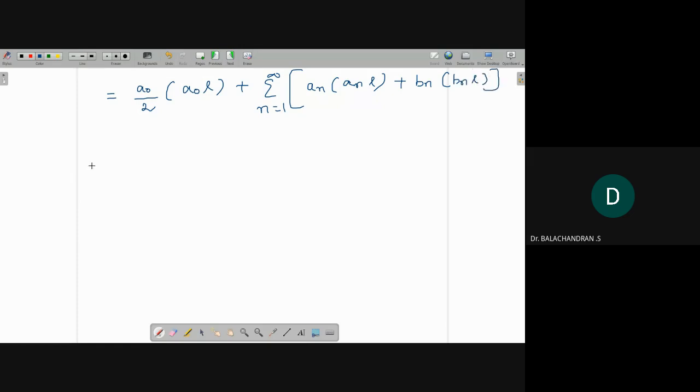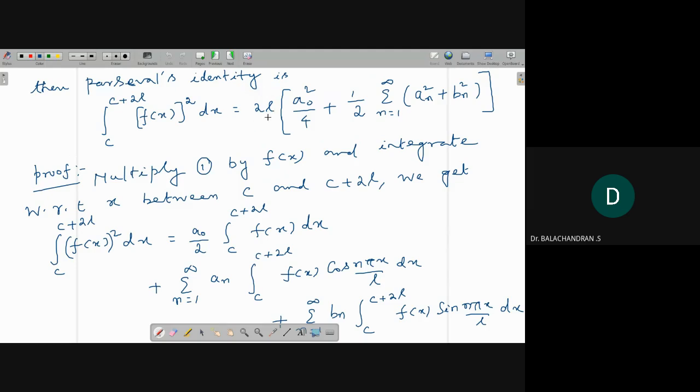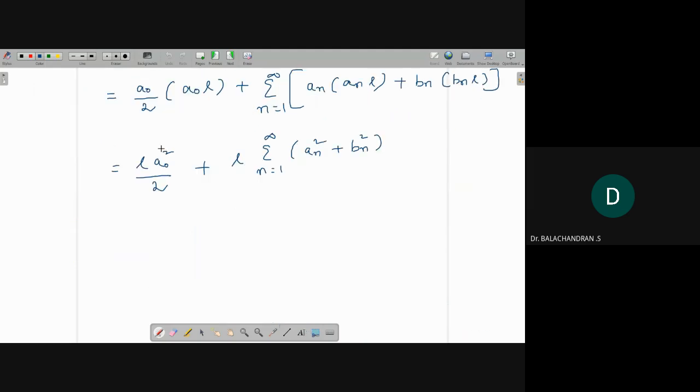So now this is equal to L a naught square by 2. Here L is common, summation n equal to 1 to infinity an square plus bn square. Now you have 2l here, so I'm going to multiply and divide by 2l.